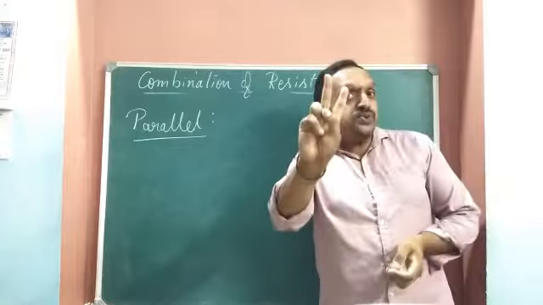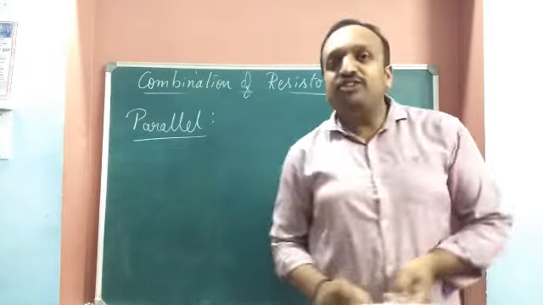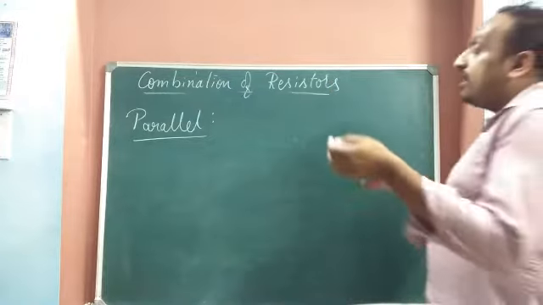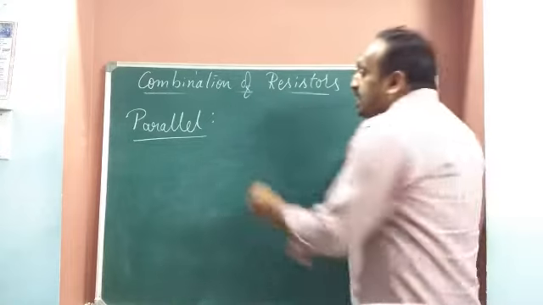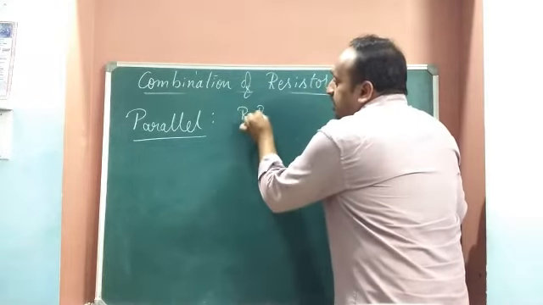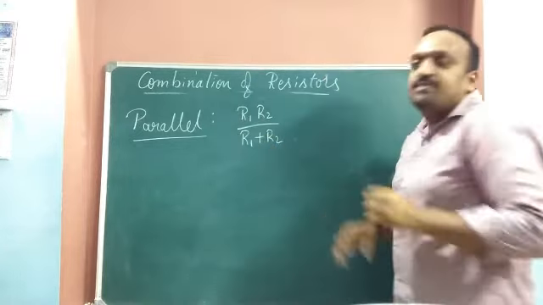If only 2 resistors are connected in parallel, then there is a shortcut for you to find the total resistance. The total resistance when 2 resistors are connected in parallel will be R1 R2 divided by R1 plus R2. Very simple formula.